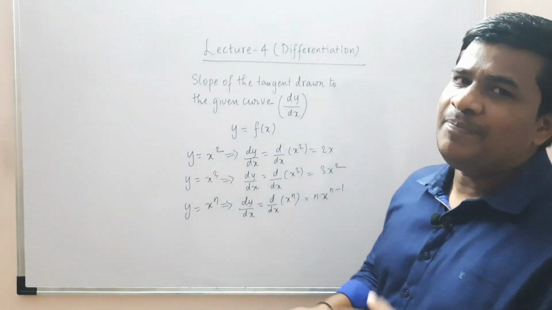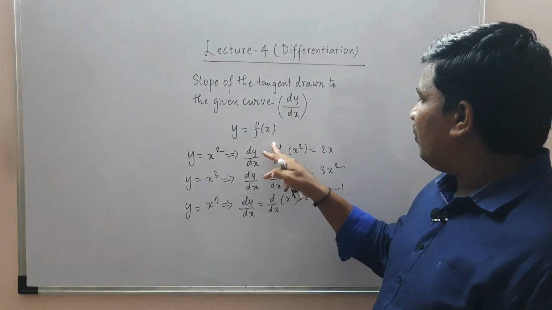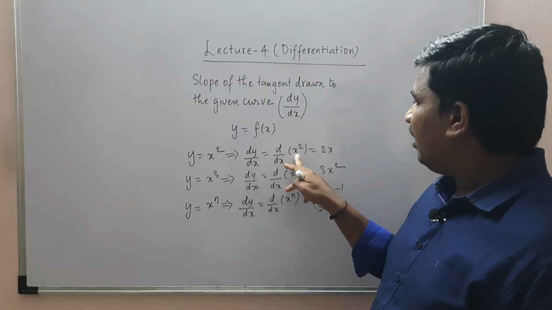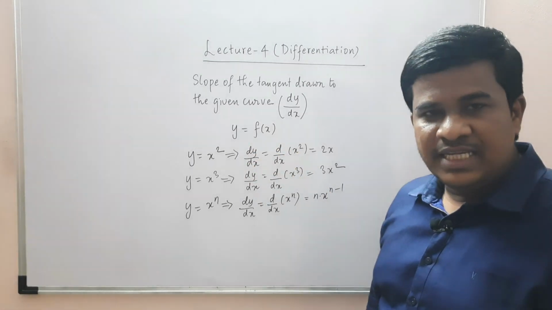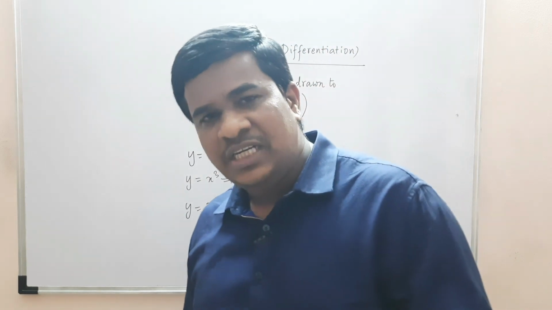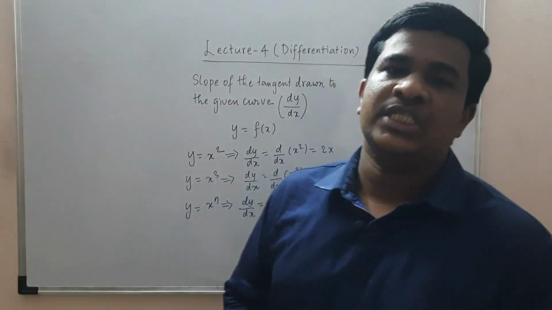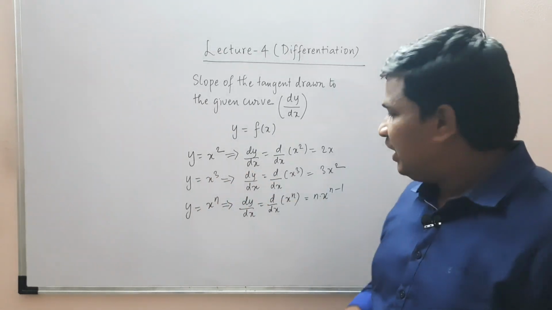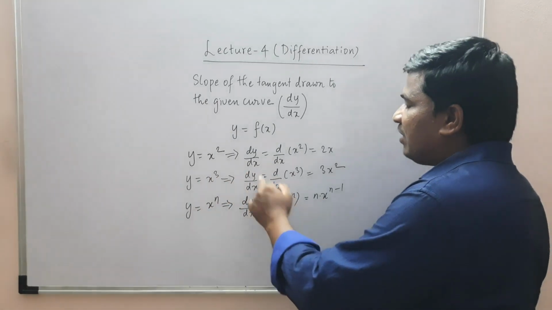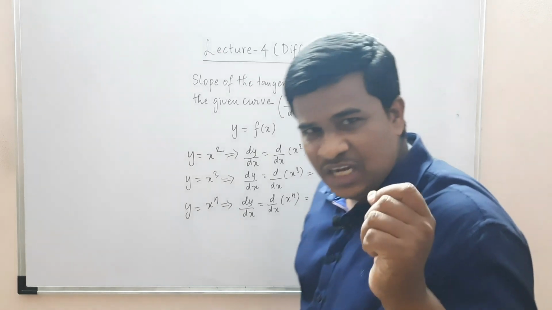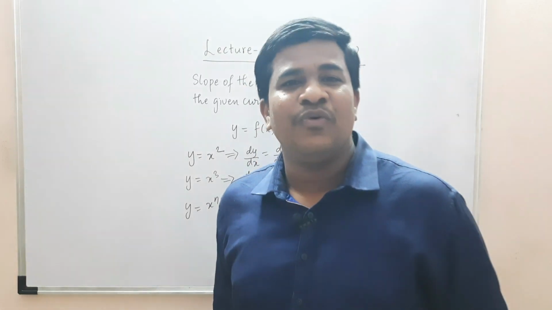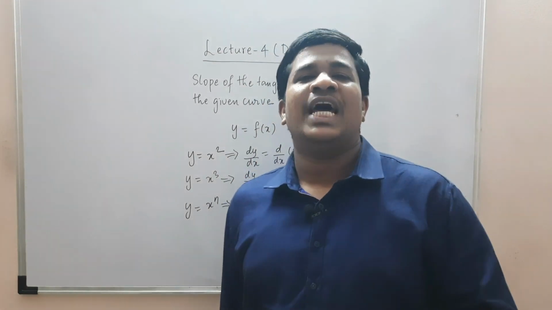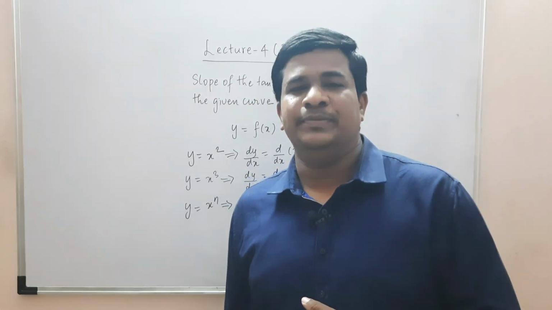Let me repeat again: the meaning of d by dx of x square, or dy by dx, is the slope of the tangent drawn to the curve y equal to x square. Similarly, if you are finding dy by dx when y equal to x cube, the meaning of dy by dx is the slope of the tangent drawn to the curve y equal to x cube.